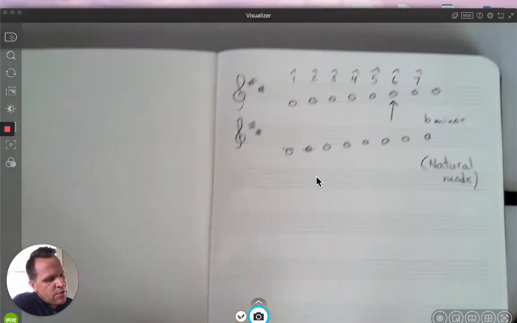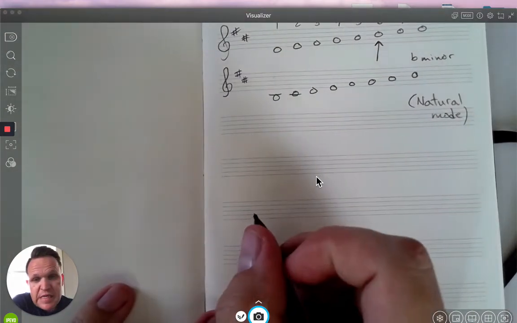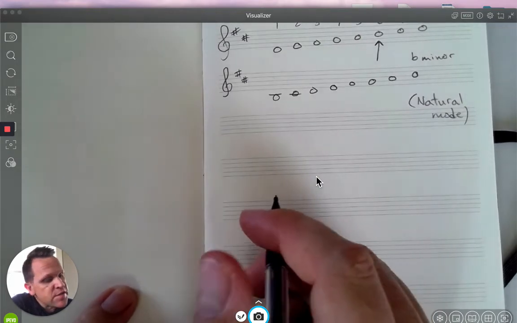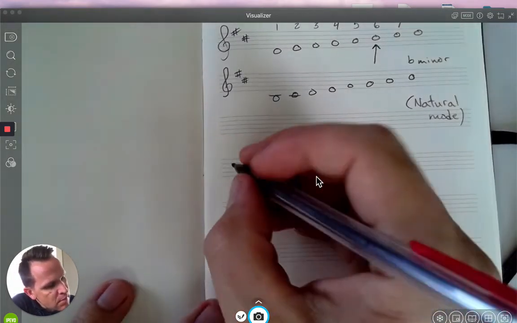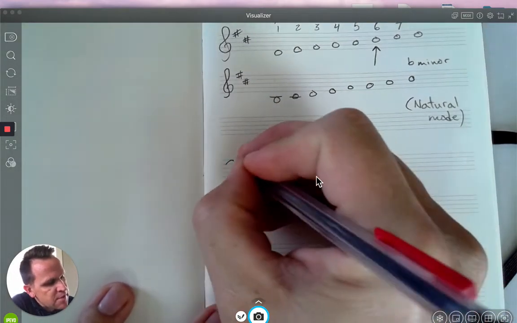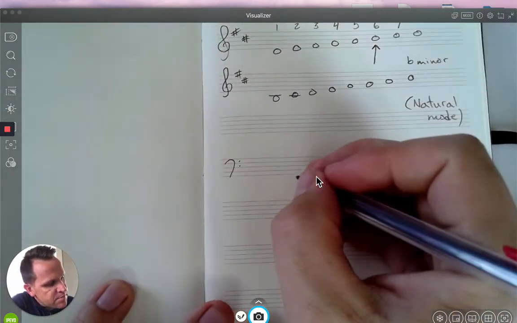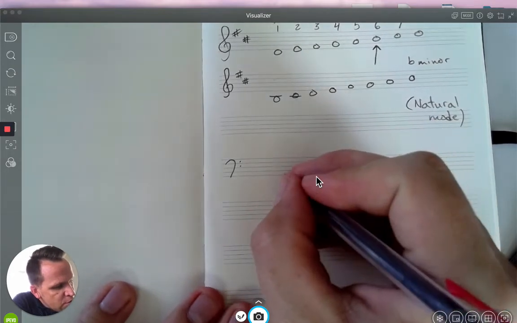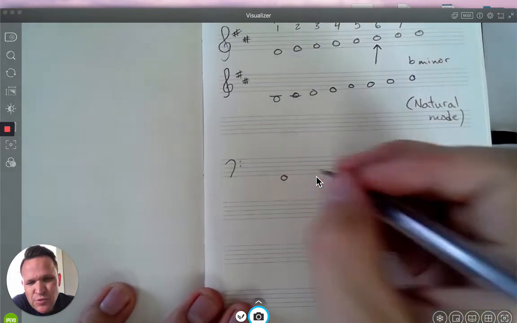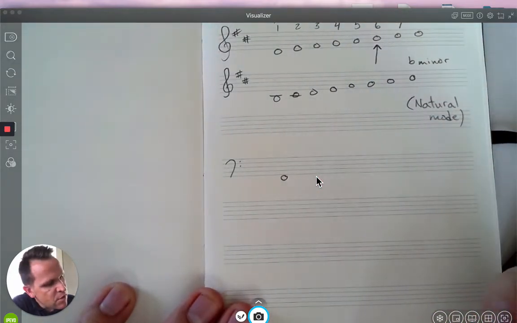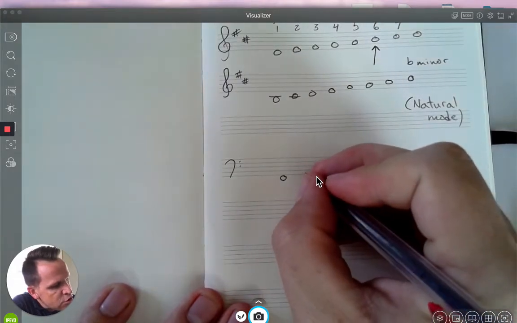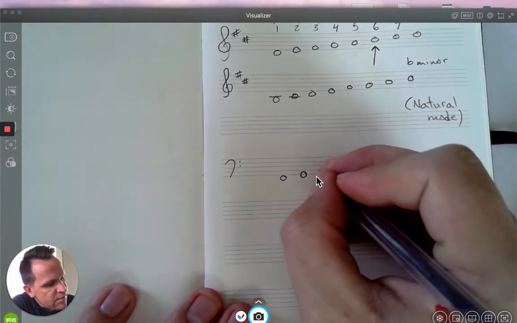Now, if we start with a minor key and we want to find the relative major, let's start with, say, F minor. I'm going to build this one using tetrachords, and I'm going to do the natural minor because that gives me the key signature. So I have F, G, A flat.